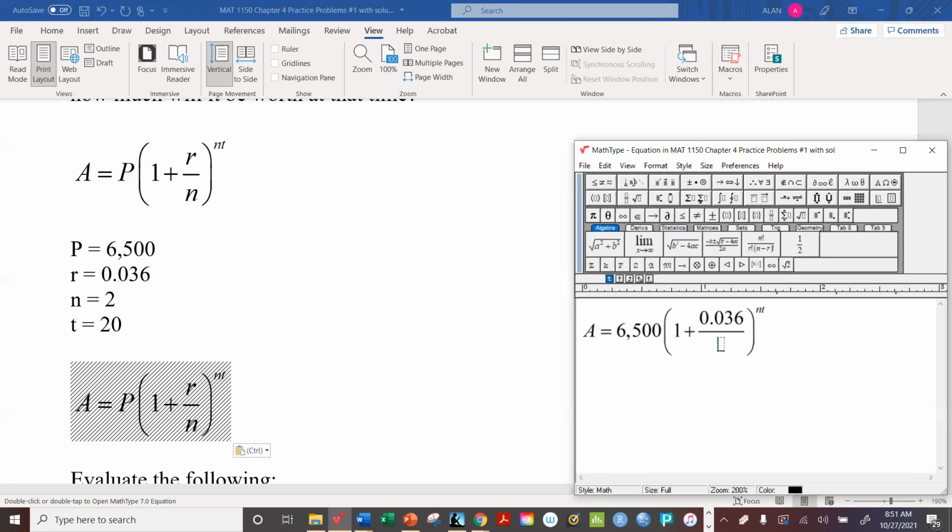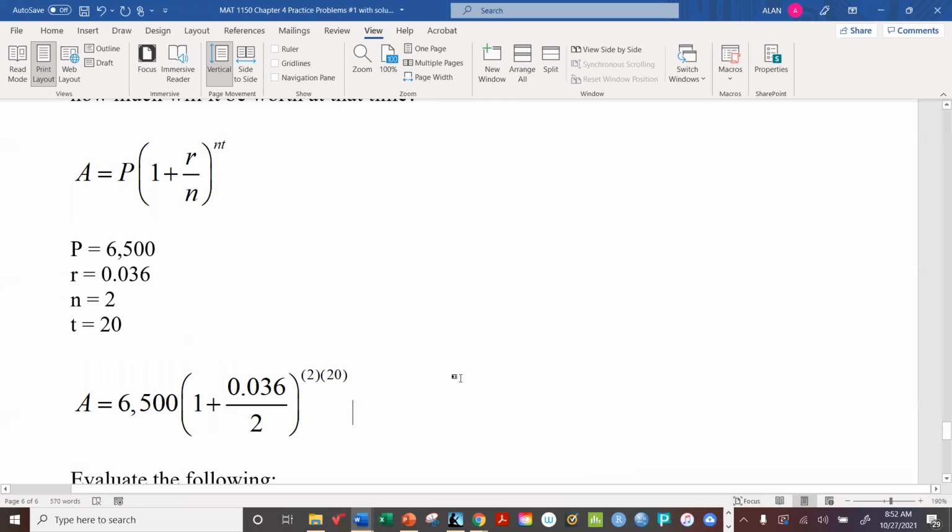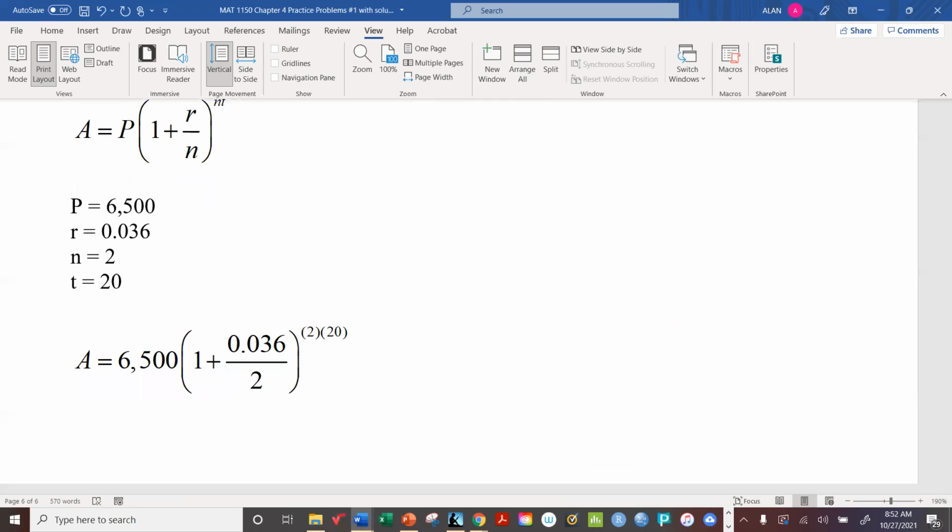So 3.6%. N is 2 for semi-annual. Okay, and again, as always, this can be simplified a little.